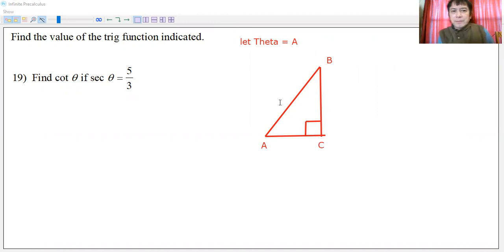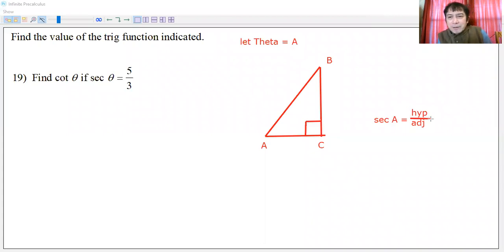Now, for secant, the formula is hypotenuse over adjacent. For secant of A, this is equivalent to the hypotenuse divided by the adjacent side. Hypotenuse over adjacent, so this is the formula there.